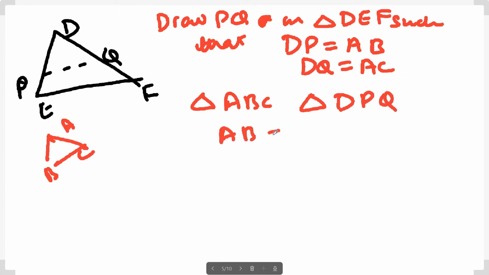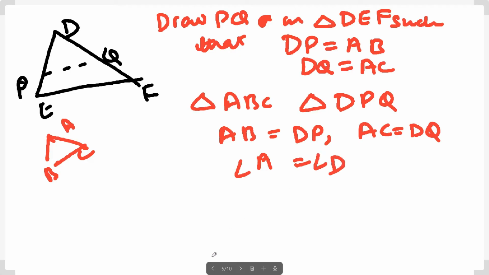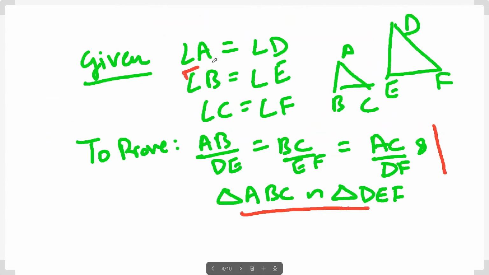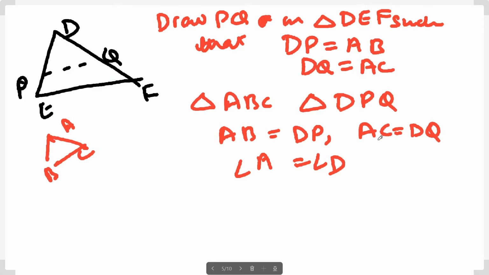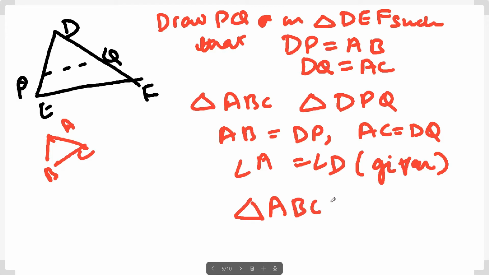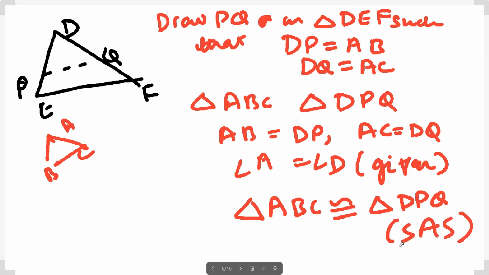AB is equal to DP, AC is equal to DQ, and angle A is equal to angle D. How is that coming? Because this is given. So triangle ABC is congruent to triangle DPQ by the SAS congruence criterion.